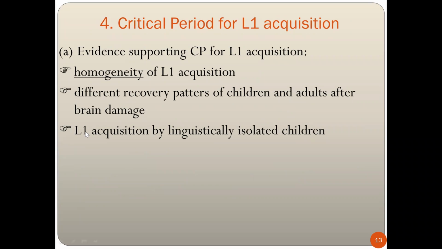This is something that deserves a brief mention because it bears directly on the idea of critical periods. Language acquisition by linguistically isolated children, sometimes known as feral children, children who, especially in the past, usually hundreds of years ago, were abducted by wild animals and raised in social isolation.